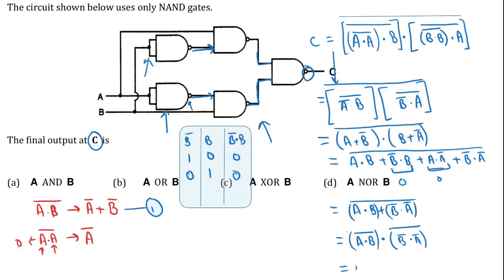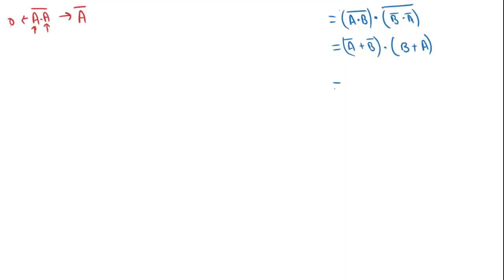So this gives us A bar plus B bar dot B plus A. We simplify this further using the distributive property first: A bar dot B plus A bar dot A plus B bar dot B plus B bar dot A. This gives us A bar dot B plus B bar dot A. The middle two terms vanish by the logic we mentioned earlier.